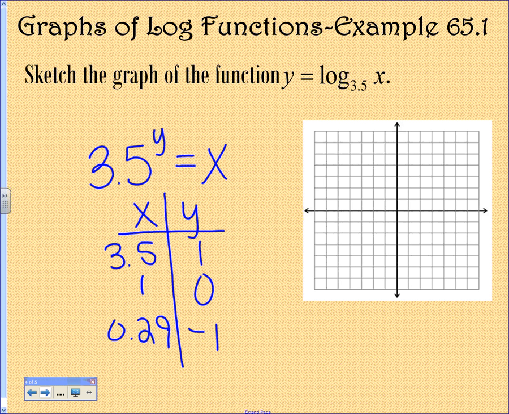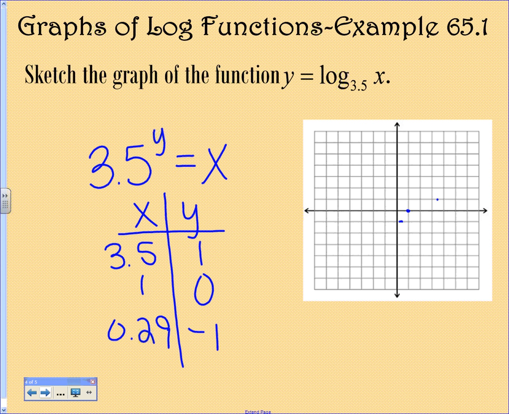So we're going to go over to 3.5 and go up 1. Yeah. So you're going to go over to 1. And then you're going to go over 0.3 almost and go down to negative 1.